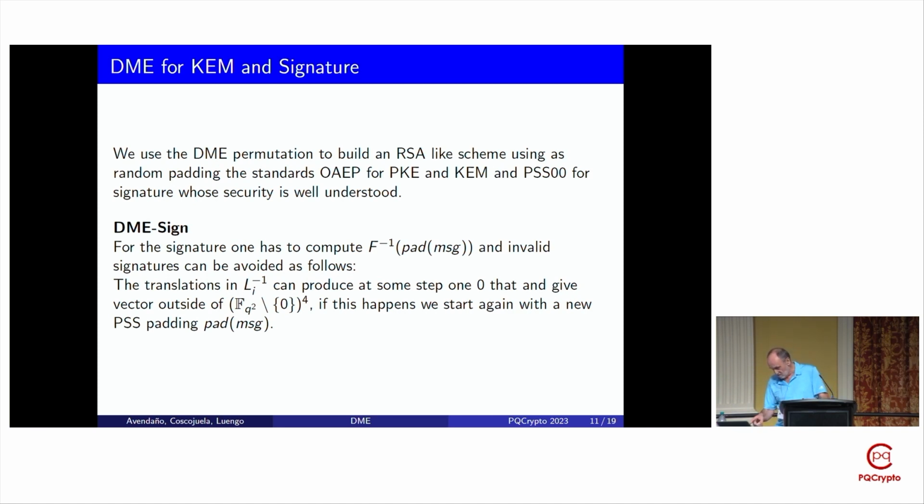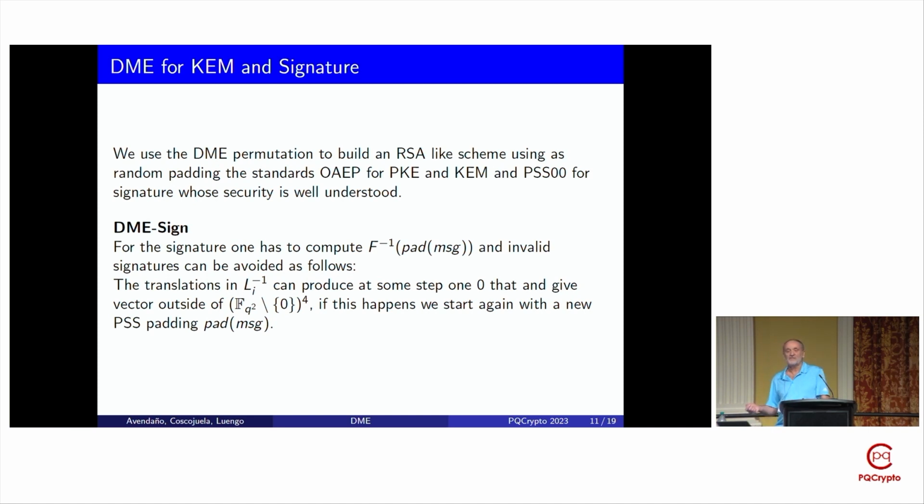As a comment, we present the signature for the current competition, but for the signature, invalid signatures are very easy to avoid, because we just have to compute f^-1 of the PSS padding of the message.